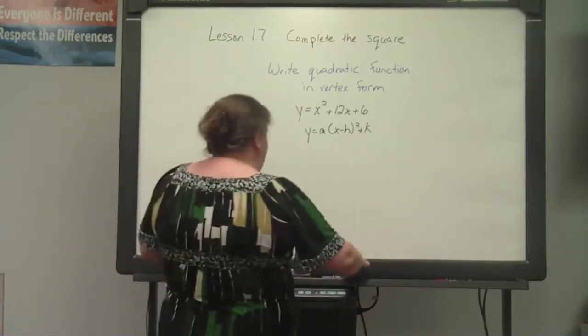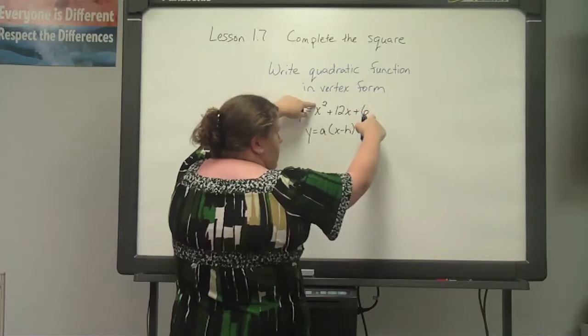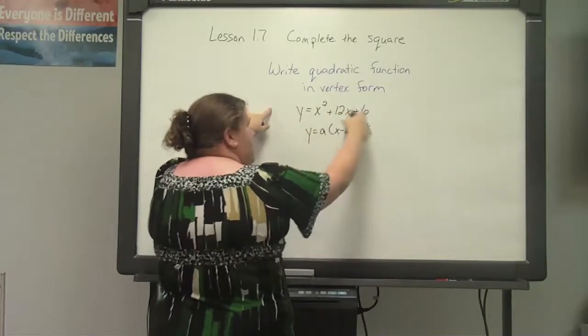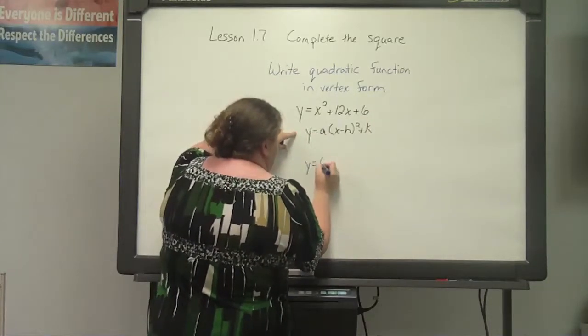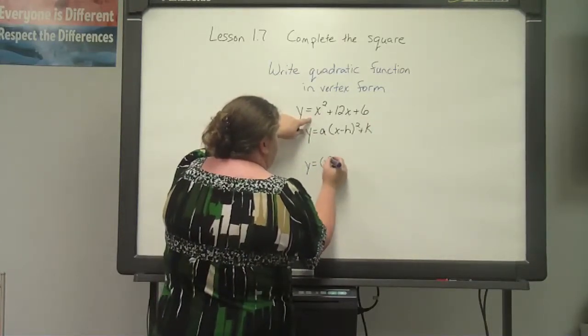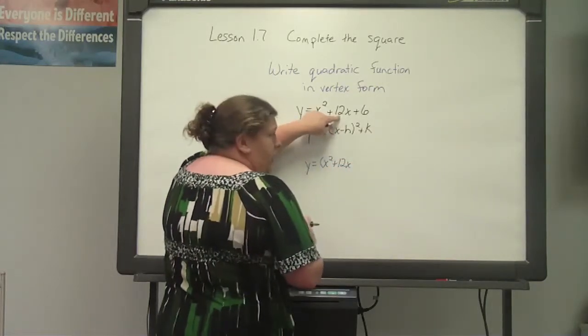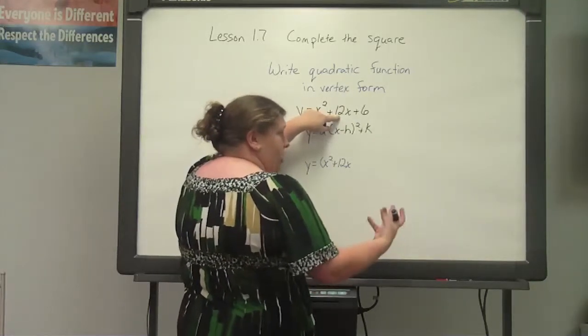How I'm going to do that is to say, instead of moving my constant over right now, I'm going to leave it to the side, and instead I'm going to say parentheses x squared plus 12x. Remember my b, I need to take half of it, which is 6, and I square it.